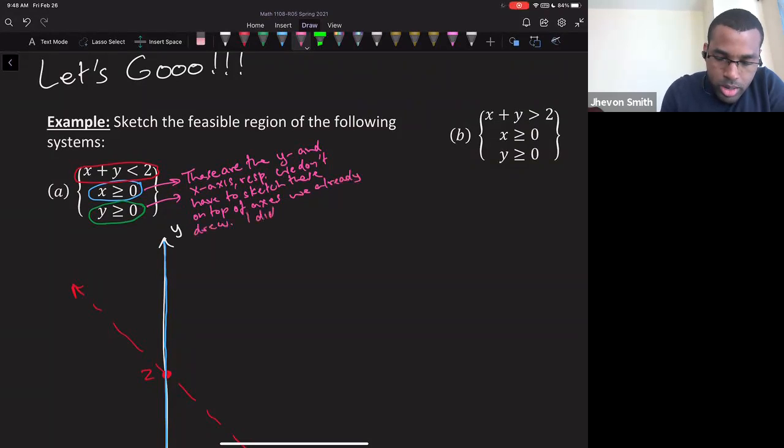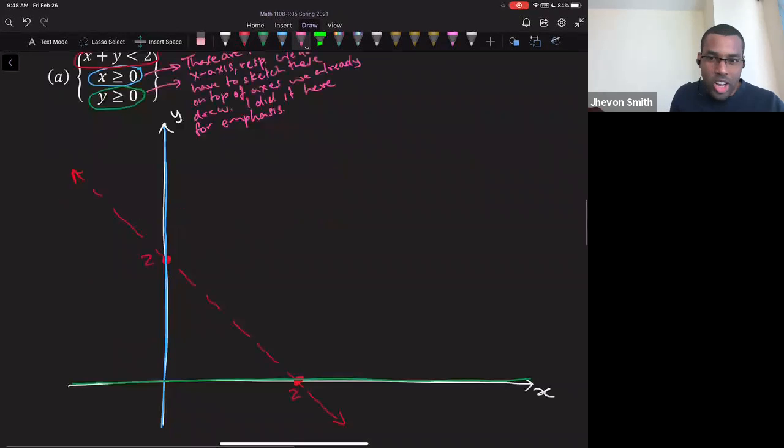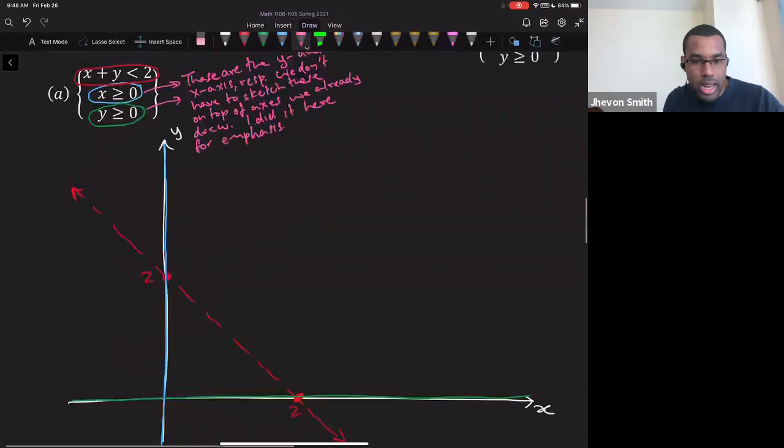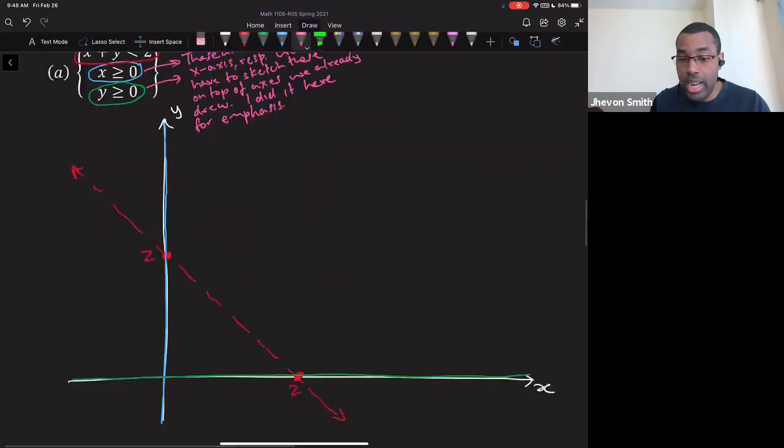I did it here for emphasis. You're already going to have these sketched because you sketched the axes, so you don't have to sketch a line on top of the line you already sketched. I'm just sketching it here, and you can do it in a different color to show what in my mind are the important things to look for. So you sketch those 3 guys.